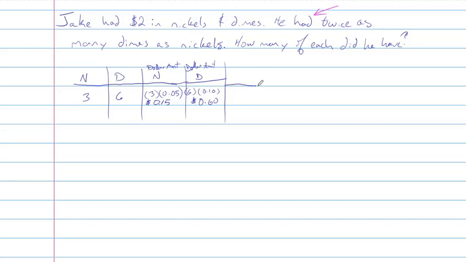Alright, and then we added those together, and let's call this column total amount. And the total amount was just the amounts added together, so this gave us 75 cents.